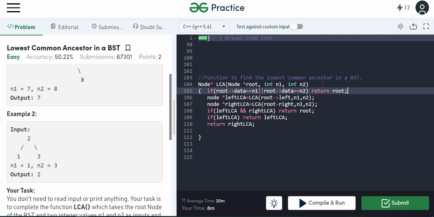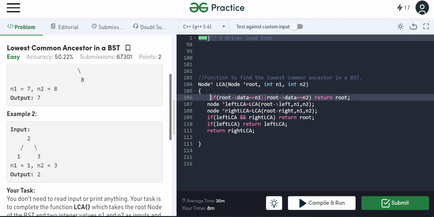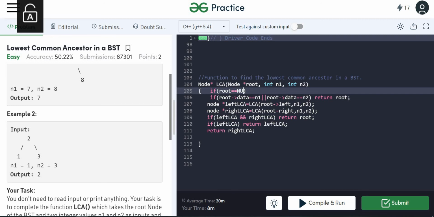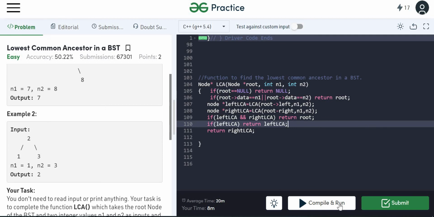And also if root is equal to null, that is the most common case, simply return null. Okay, I think that's all.